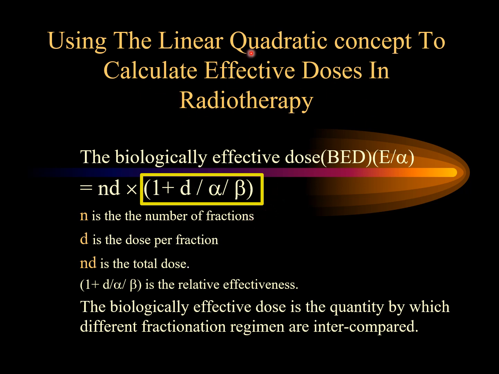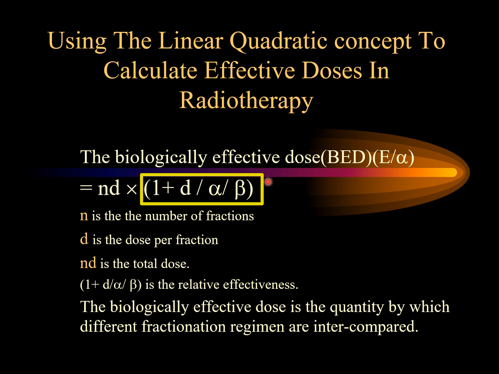And this is a very important equation. You have to know it by heart. Again, BED equals the total dose ND multiplied by, open parenthesis, 1 plus D over the alpha beta ratio. The biologically effective dose is, as you can see here, there is another biological factor in the equation, and that's why they call it the biological effective dose.